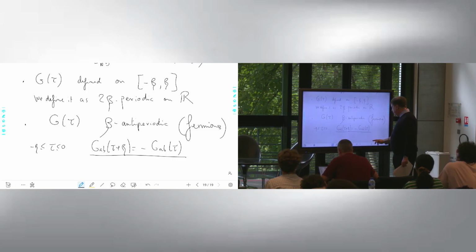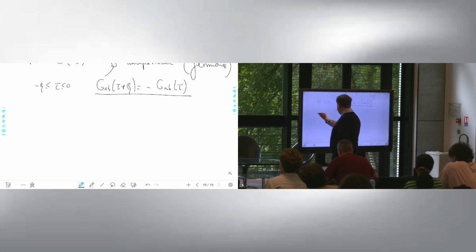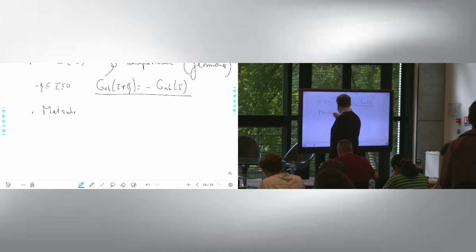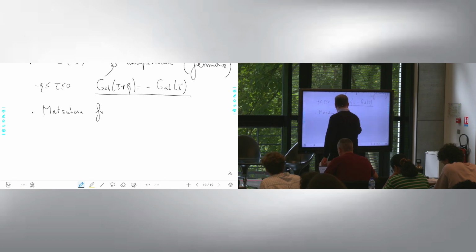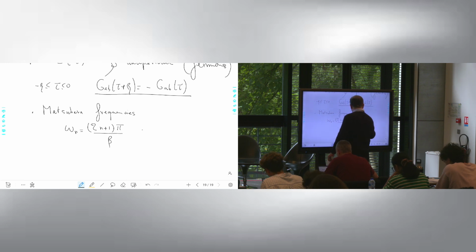Very good. So now, as we know, we can go to Matsubara frequencies. And just to fix notations, we'll use omega n equal (2n plus 1) pi over beta for fermions.